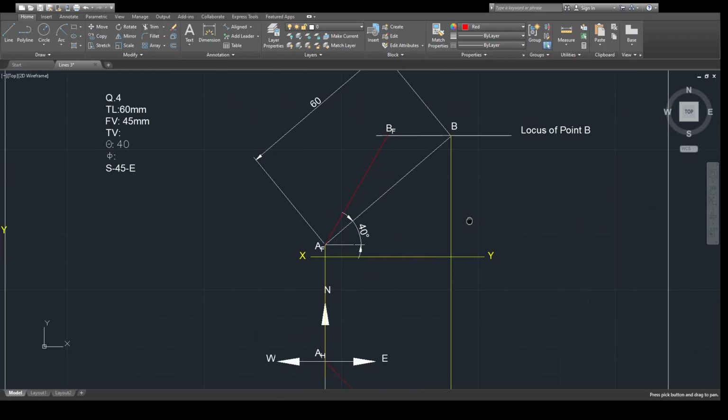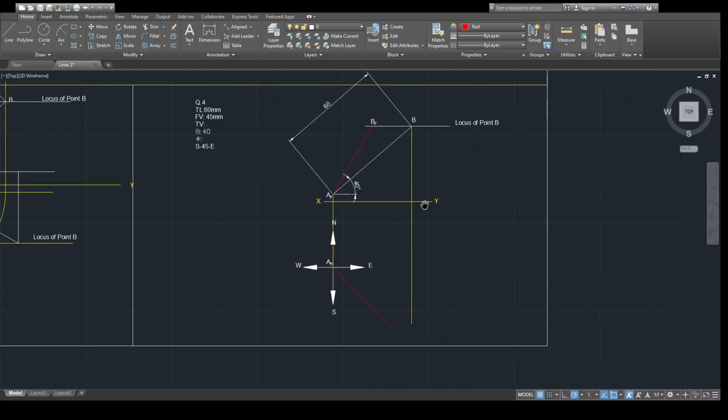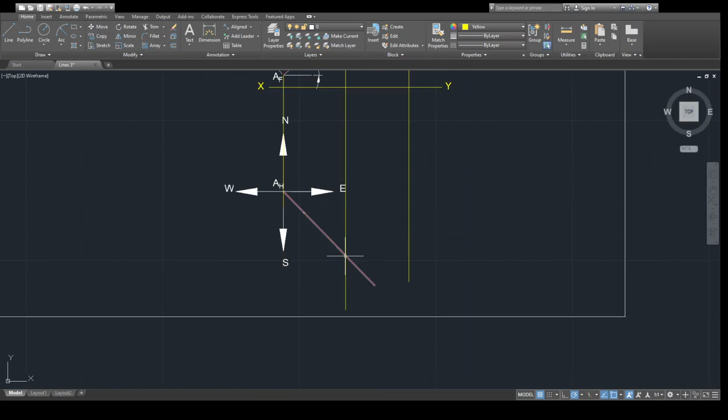Now we know that front view and top view lie over the same projection. We have point BF, and also we have the bearing. You just extend the line from point BF, and for this bearing line it will cut somewhere here at this point. So that is the point BH.